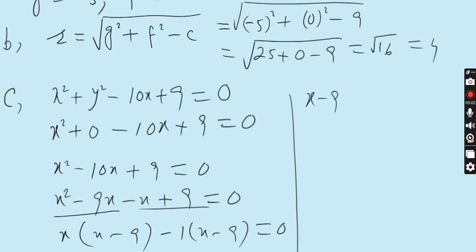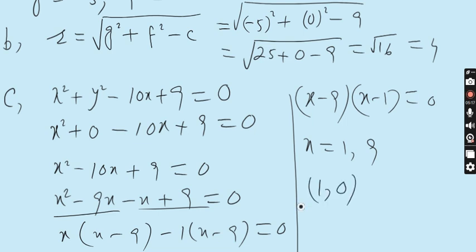Then x minus 9, x minus 1 equals 0, x equals 1 and x equals 9. Hence the coordinates are (1, 0) and (9, 0). This is the answer of part C, because when the circle crosses the x-axis, the y value is always 0.